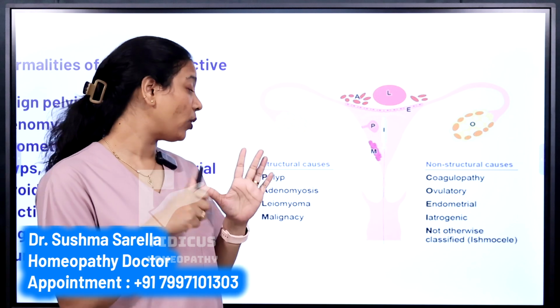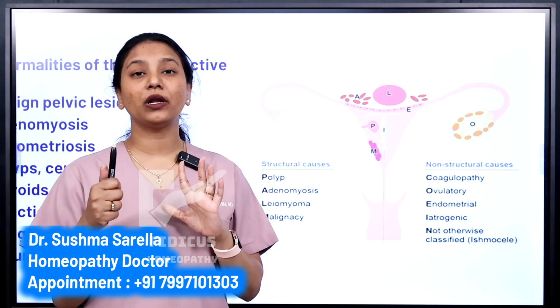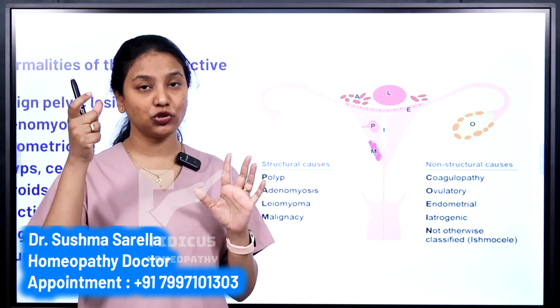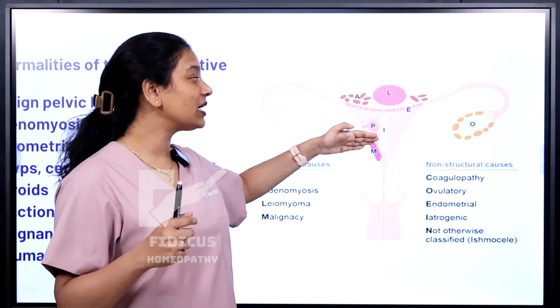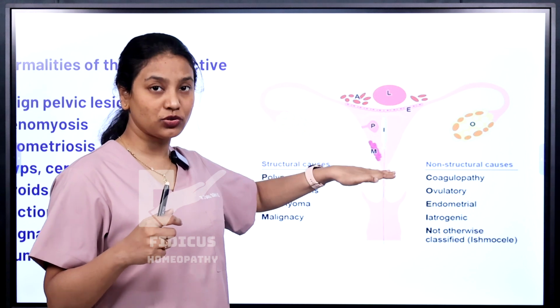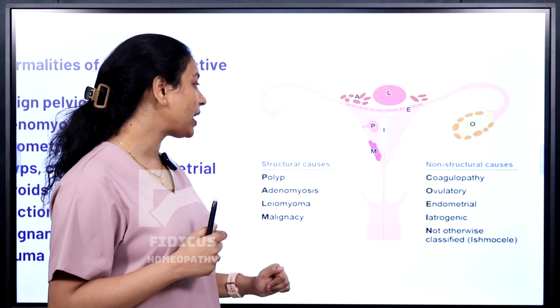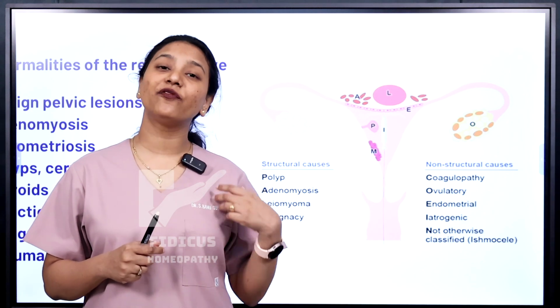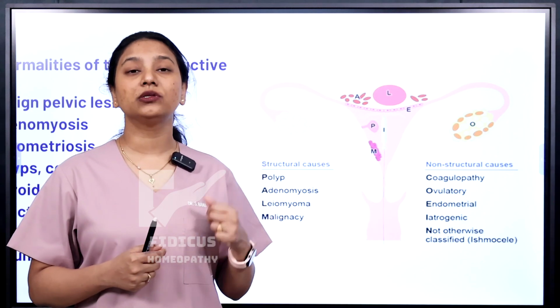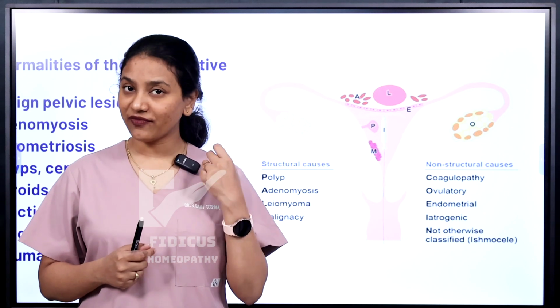P stands for polyp, and A stands for adenomyosis. A polyp is like a tumorous structure. Adenomyosis is when the endometrial layer gets into the muscle layer of the uterus. L stands for leiomyoma, which is the other name for fibroid uterus, and M is for malignancy, that is, any sort of cancer.